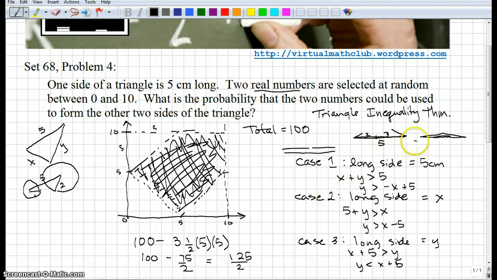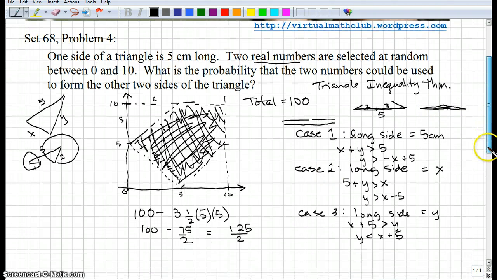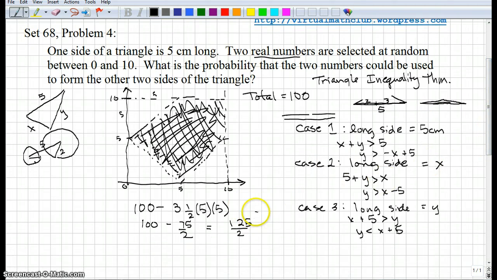All right, so to get the probability, we just need to compare the areas. These are our desired outcomes, where a triangle is formed. The area of total possible outcomes is 100.